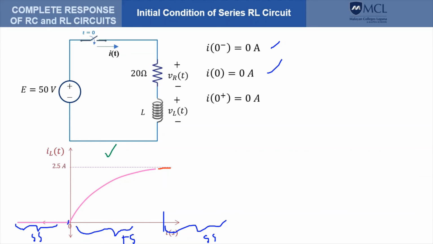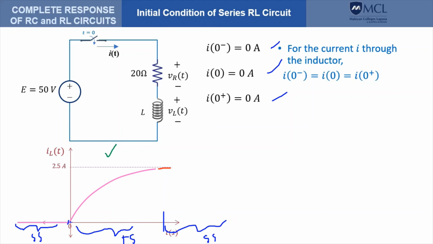At exactly t equals 0, our current is still 0. And just after t equals 0, our current is still 0. For the current through the inductor, the values of the current before, during, and after the changes are applied must be equal.